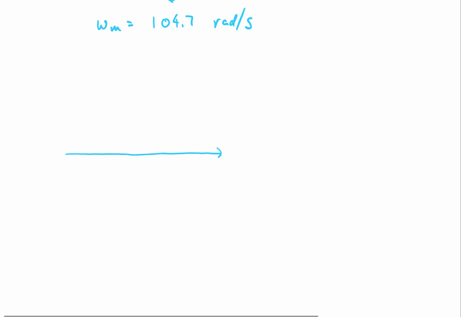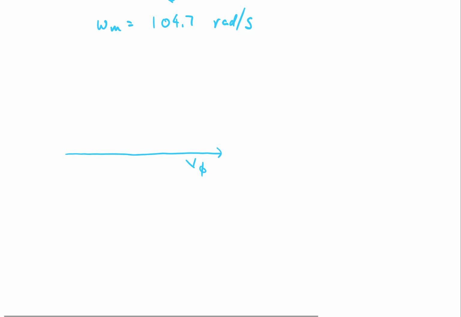We're going to take V phi, the phase voltage, at an angle of 0. So that phasor is V phi. And then we have a lagging power factor here.